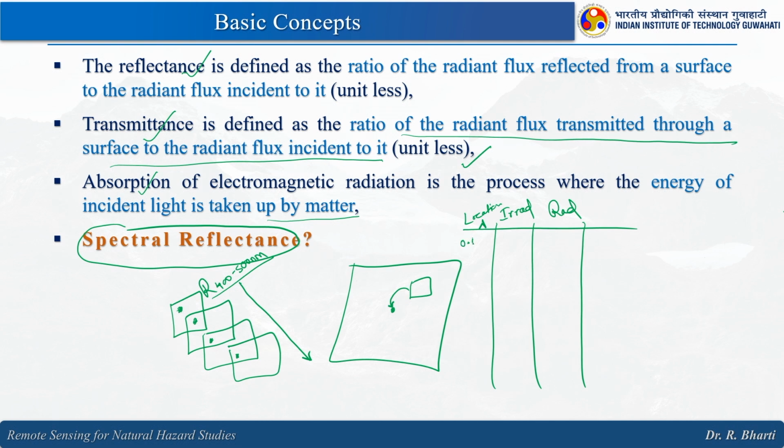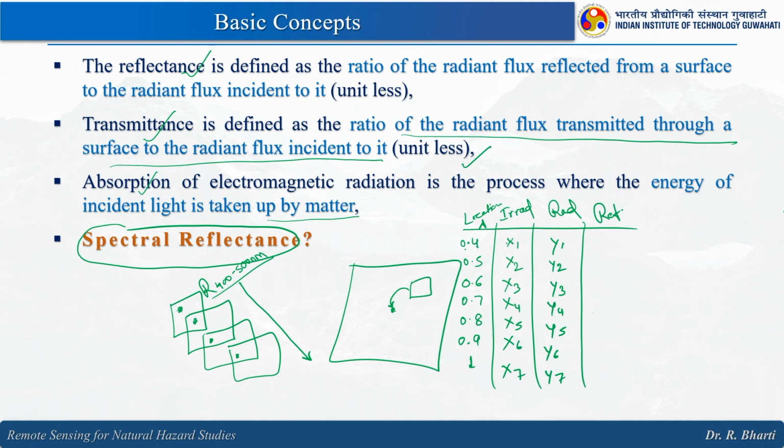So, let us say this is 0.4, 0.5, 0.6, 0.7, 0.8, 0.9, this is 1, right. So, here you have one value x1, x2, x3, x4, x5, x6, x7, and here you have radiance y1, y2, y3, y4, y5, y6, y7, right.